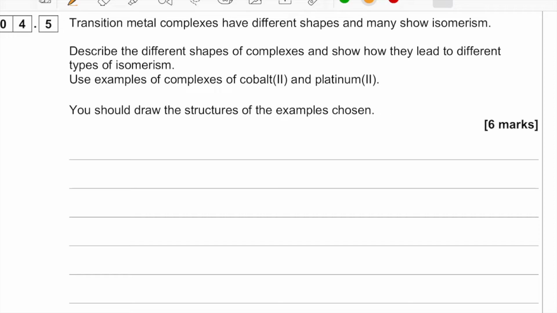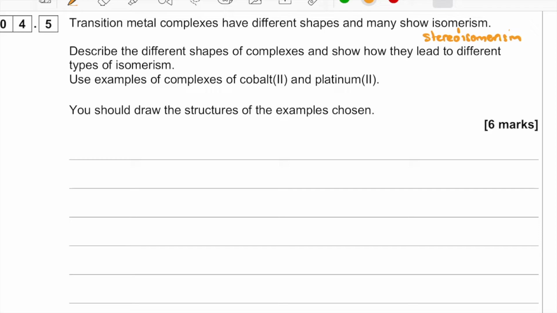Is it going to be both? Then structural, which features chain, functional group, and position, that is not relevant to transition metals. So we're going to be talking here about stereoisomerism.